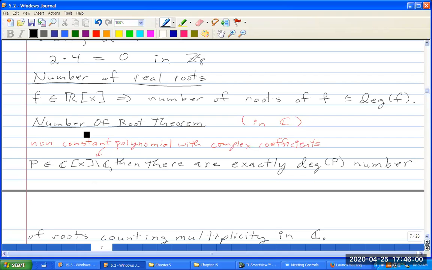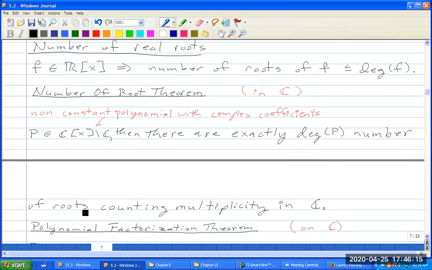So I'm looking at non-constant polynomials with complex coefficients. Then there are exactly the same number of roots as the degree of the polynomial, so long as we count multiplicities. And so in the field of complex numbers, there are exactly n complex roots, so long as you count multiplicities.